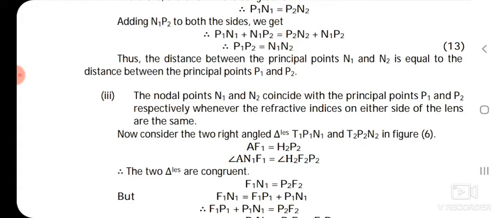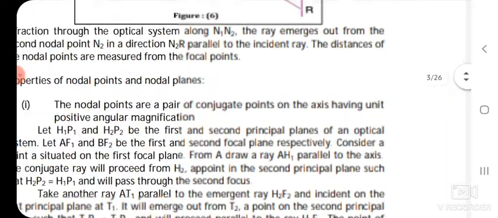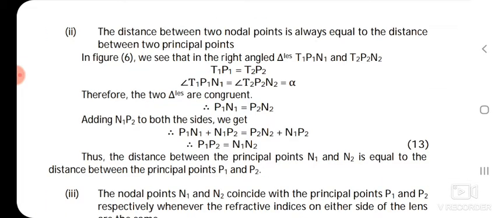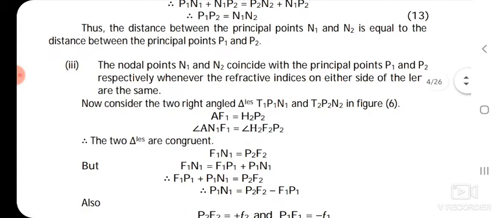If two triangles are congruent, what does it mean? F1N1 is equal to P2F2. F1N1 can be written as F1P1 plus P1N1.